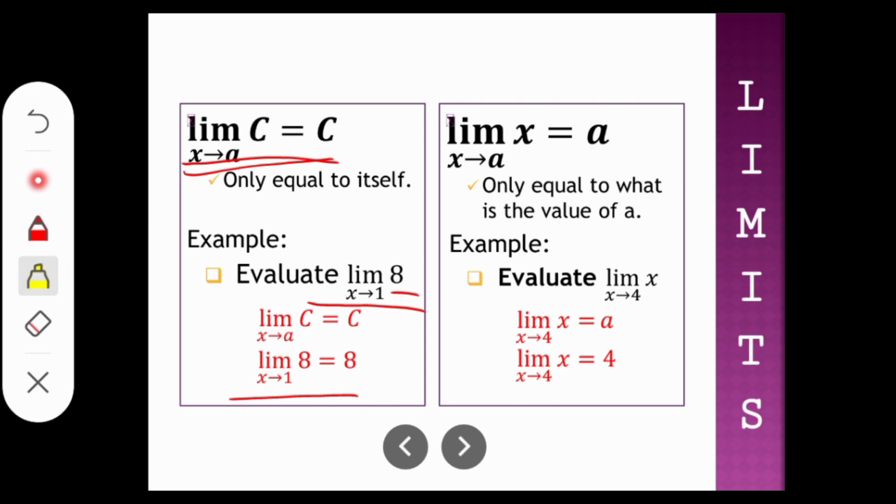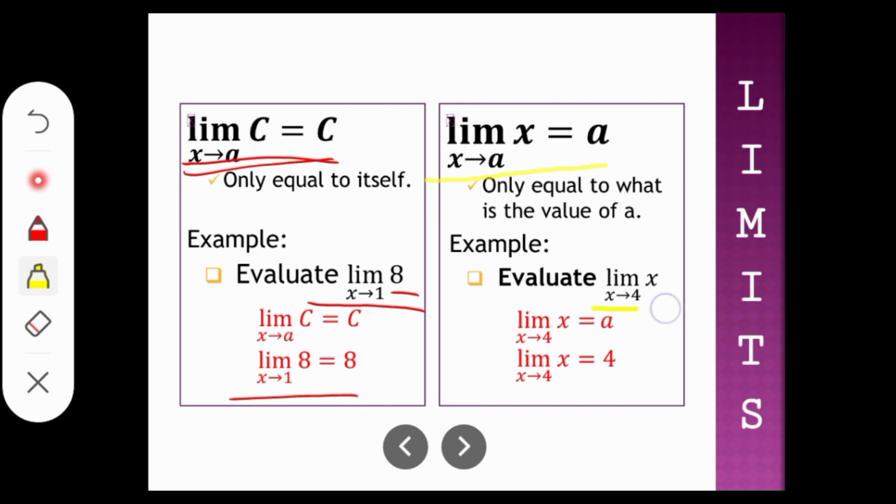The next property is the limit of x as x approaches a is equal to a. For example, we need to evaluate the limit of x as x approaches 4.